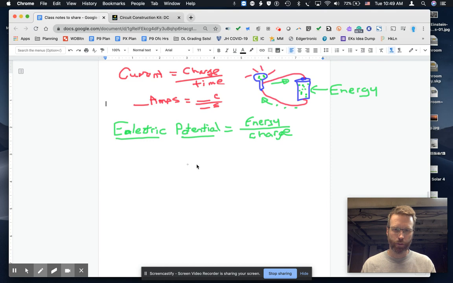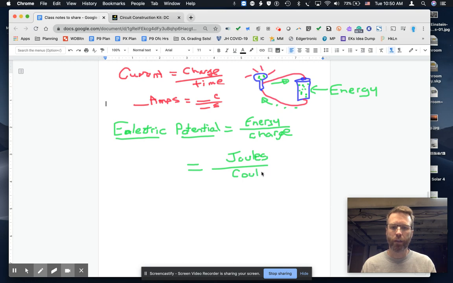So let's talk about units for just a minute. Not a surprise, energy is measured in joules as usual. And charge, once again, is still measured in coulombs, as it has been in the past. I want you to recognize a new unit here. If we're talking about energy in joules per coulomb, that has a very familiar name to most people.